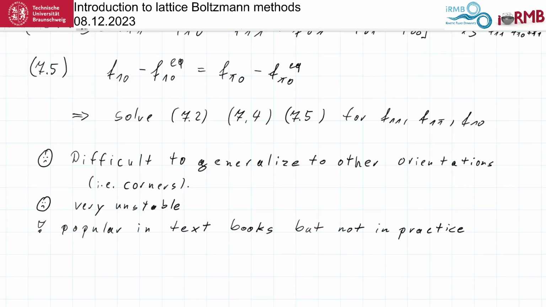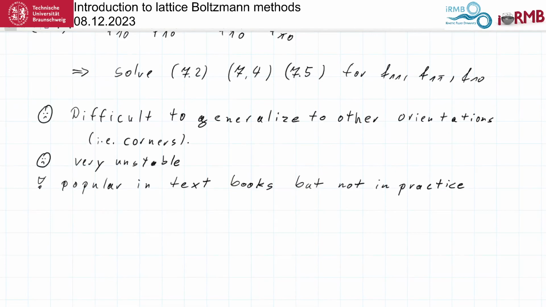Stable and more general, and also able to put boundary conditions somewhere else. And this brings us to the more modern way of thinking, to the link-based boundary conditions.